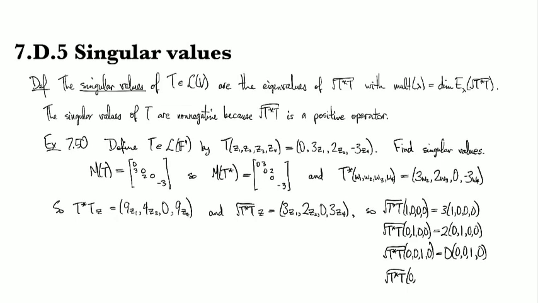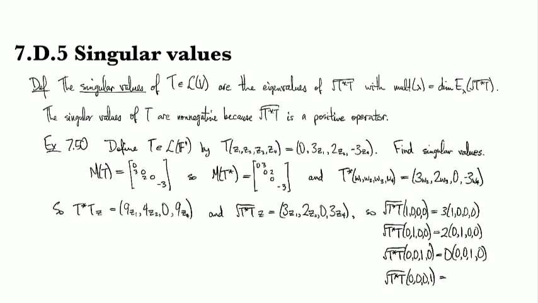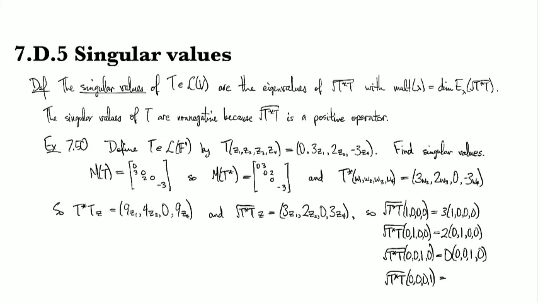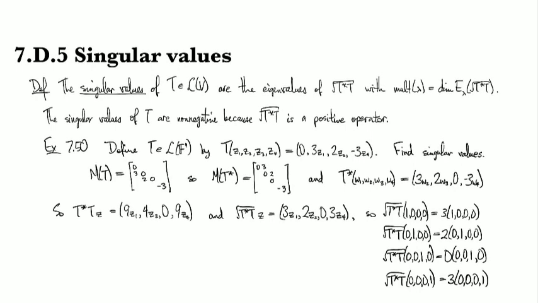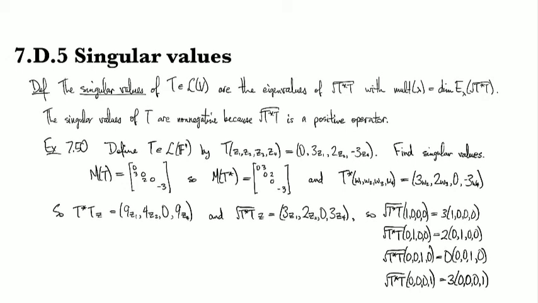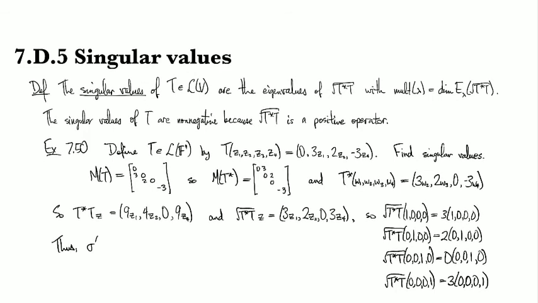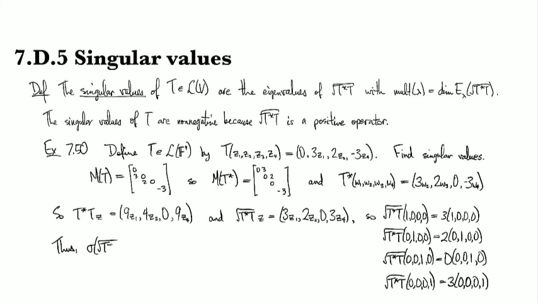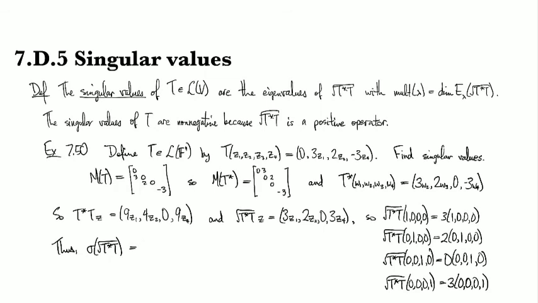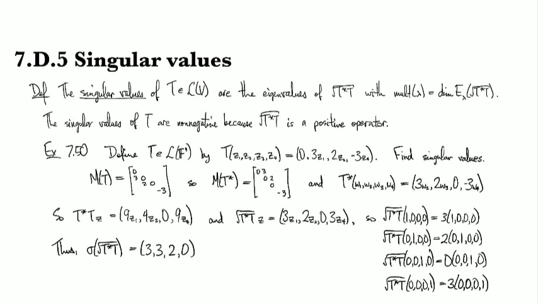I was thinking too much about zeros. There we go. And then for this one, we've got 3. All right. So the spectrum of the square root of T star T is 3, 3, 2, 0.